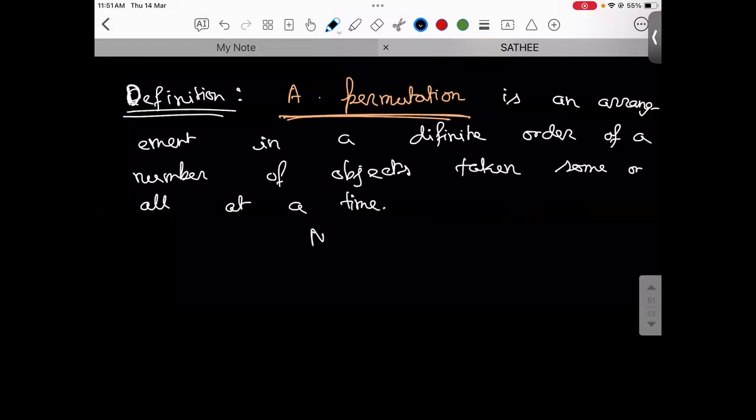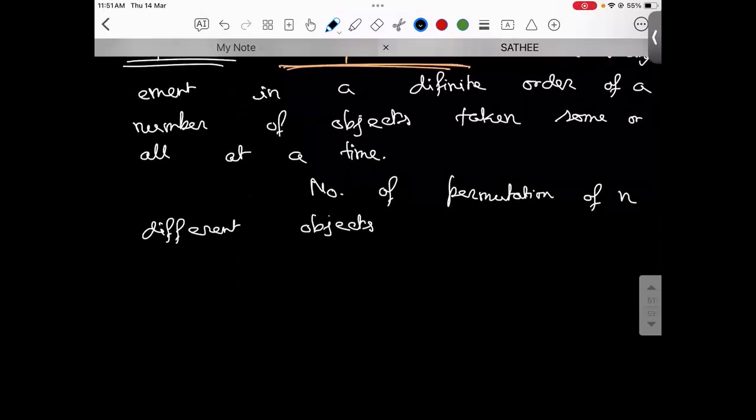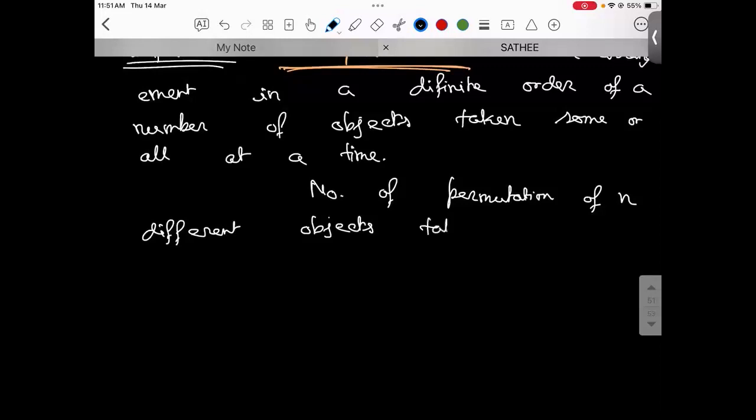So the number of permutations of n different objects in R at a time, where R is less than or equal to n, and greater than 0.